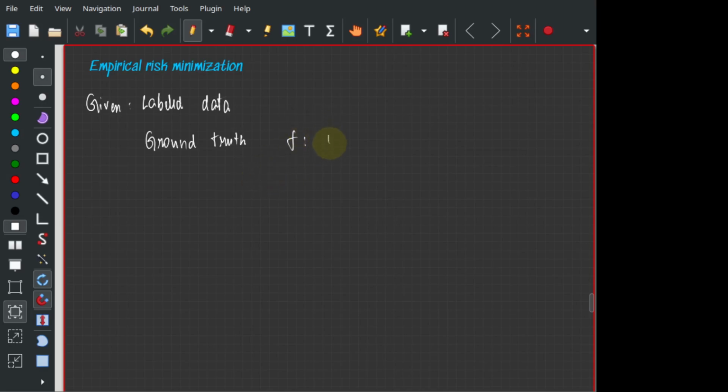So it's a function which takes as input the set of all possible images of a particular size, and outputs either 0 or 1. 0 means no cat, and 1 if there is a cat. This is the ground truth. We don't know what this is, but we can assume that there is a function which does this. Our goal is to somehow learn this function. That's what a lot of machine learning problems try to do.